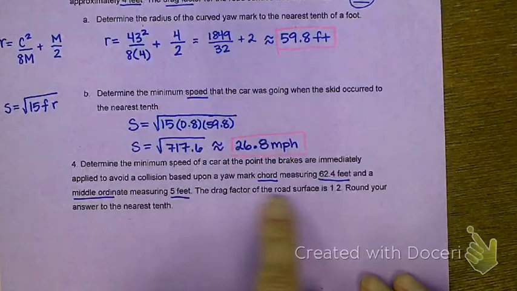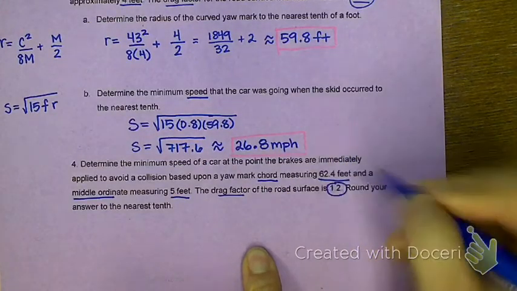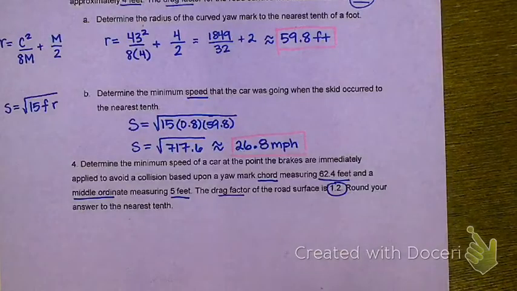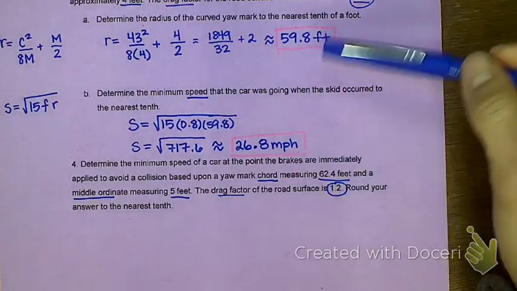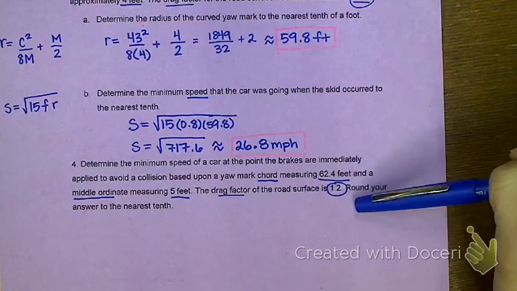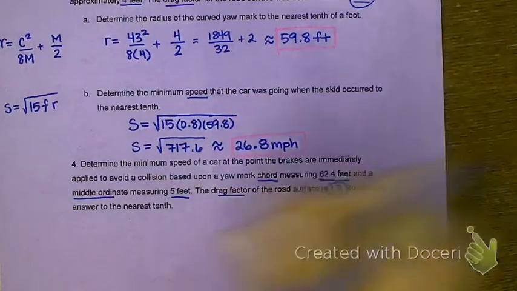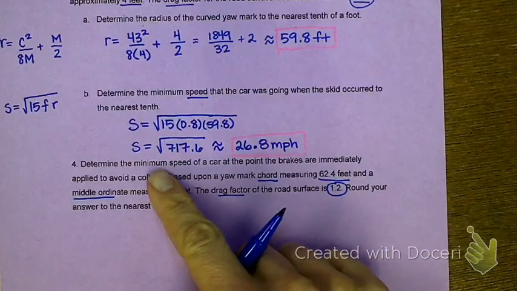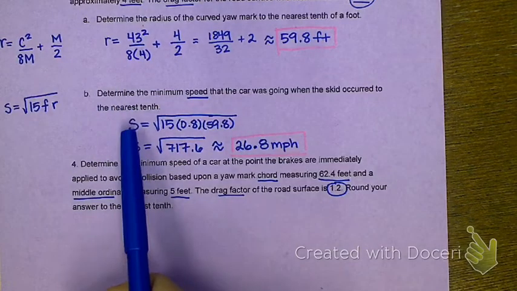The drag factor of the road surface, so here's your drag factor, is 1.2. Round your answer to the nearest tenth. So we're basically going to do what we did before in the two parts with this information to find our answer for the minimum speed, because we can't find the speed without first finding the radius. So we need to do this, and then we'll move on to do this.